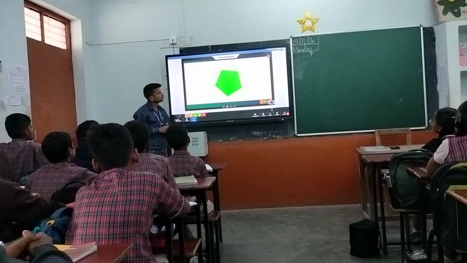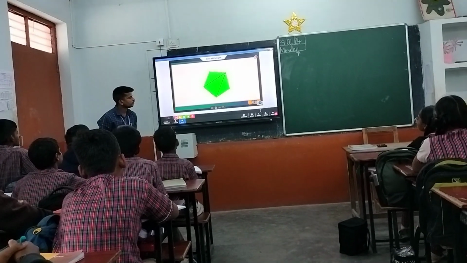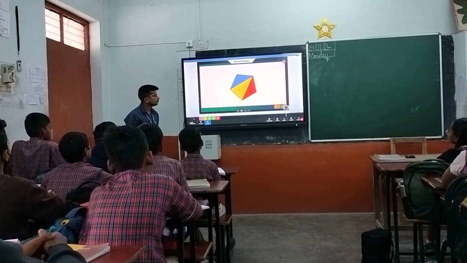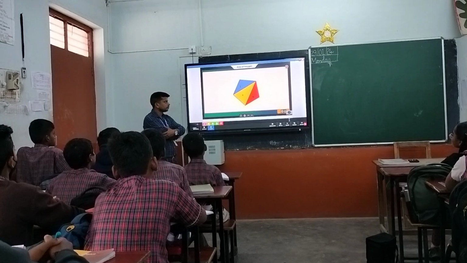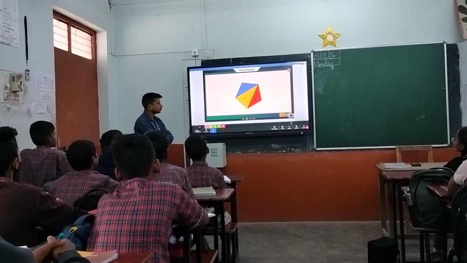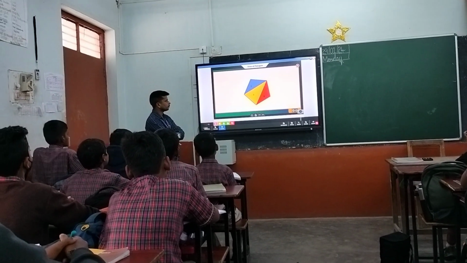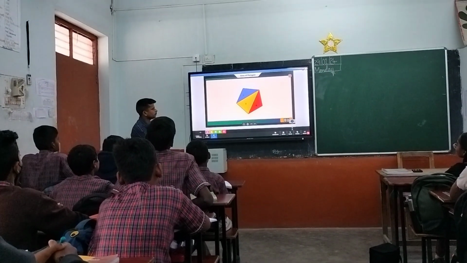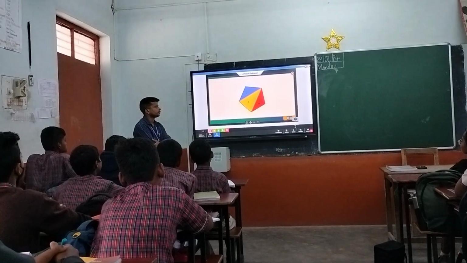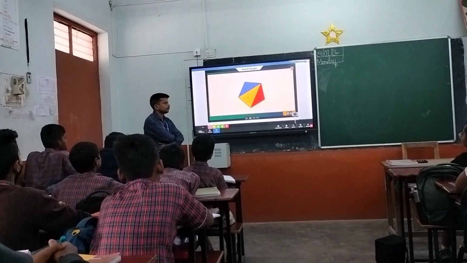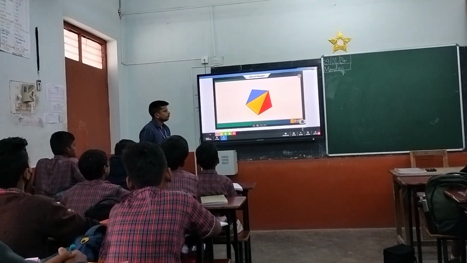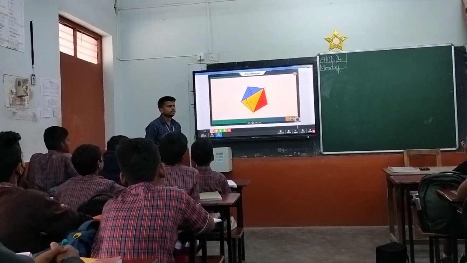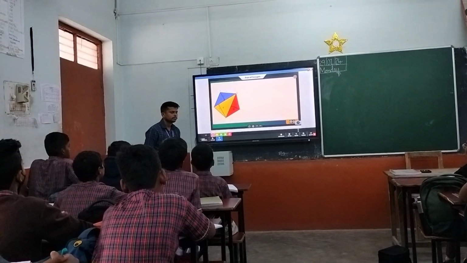The area of a polygon can be found by dividing the figure into its constituent triangles. This process of finding the area of a polygon by dividing it up into its constituent triangles is known as triangulation. To do this, we must pick any vertex and then draw diagonals from that vertex to all non-adjacent vertices. Since the given polygon has 5 sides, we can divide it into 3 triangles.